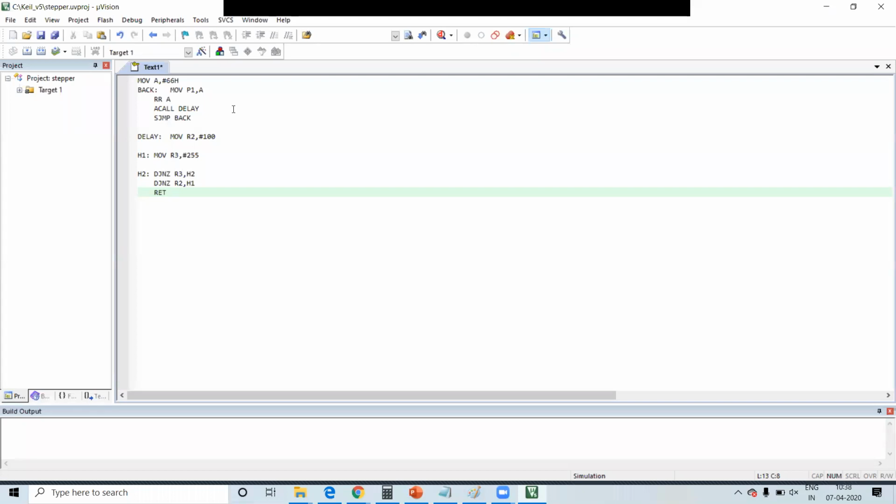In the previous LCD example, the hexadecimal equivalent of the executable file is burnt using the kit, and the output of that is connected to the LCD directly.